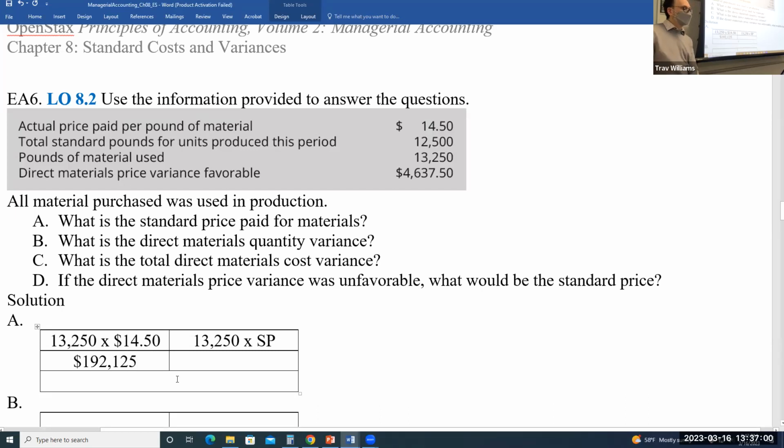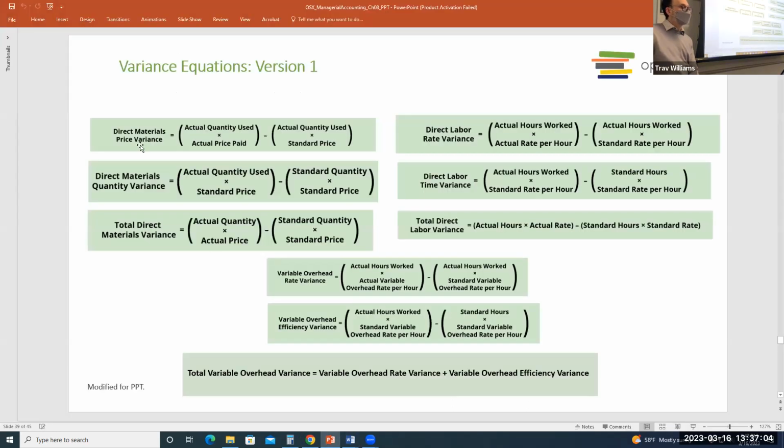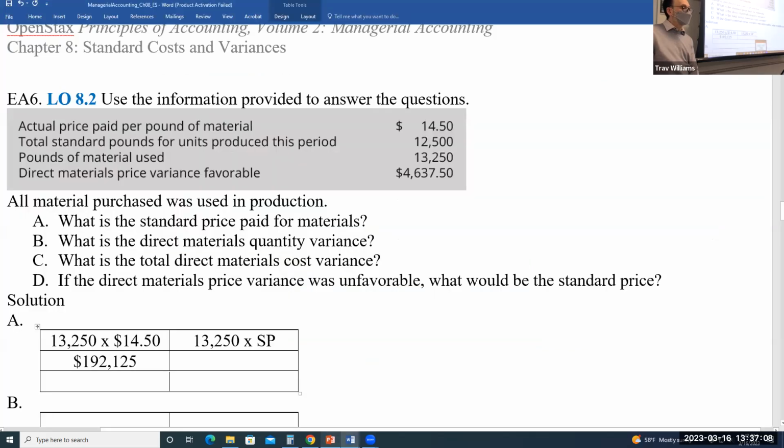And then the other thing that we need, since we're using the direct material price variance formula, we need to know the direct materials price variance. And they gave it to us right here. Favorable would be negative 4,637.50. Right?